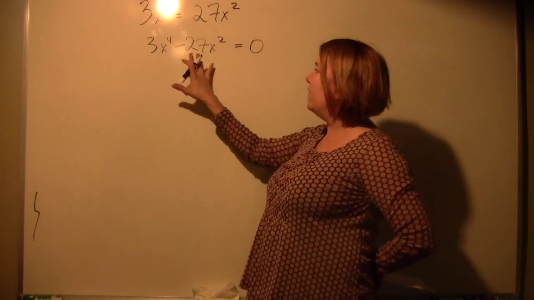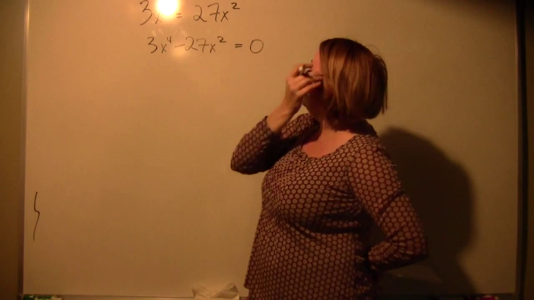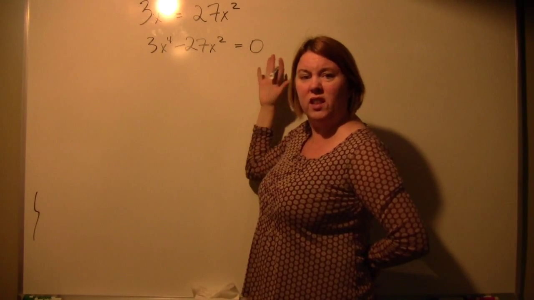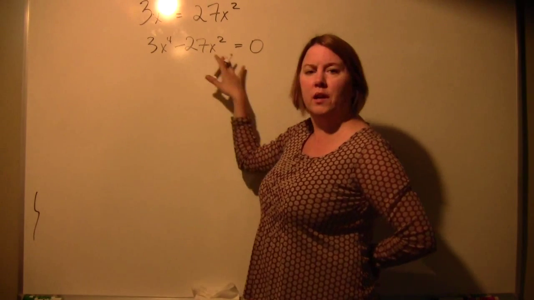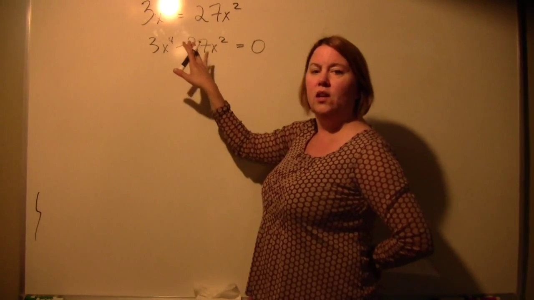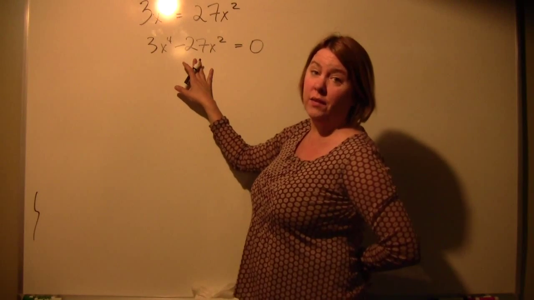Once you have all your terms on the left side, you notice there's not a constant term here, not just a number without any variable with it. So you know that a variable can come out of both terms, and then you see you've got a 3 and a 27, where 3 is a factor of 3 and 3 is also a factor of 27.